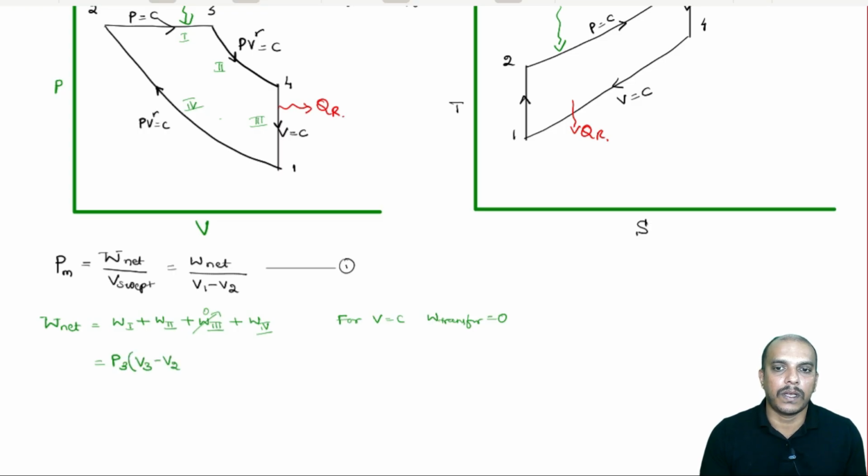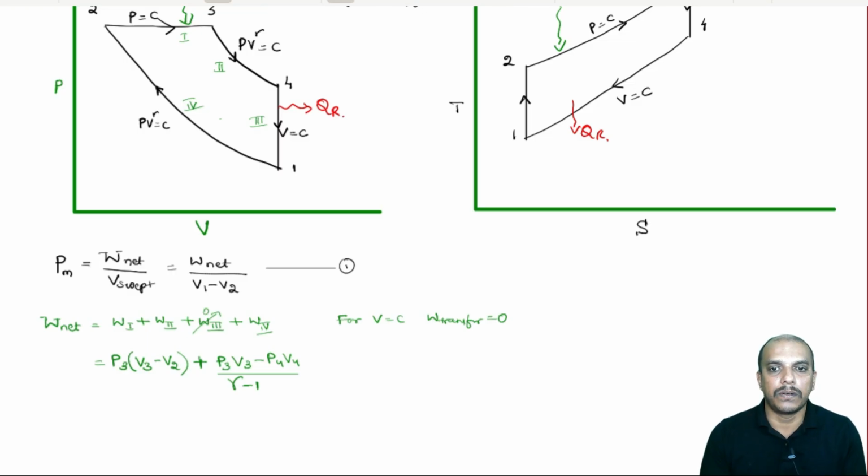This is the expression we already know for a constant pressure process, P into V final minus V initial, plus for 3 to 4 the work transfer will be P3 V3 minus P4 V4 by gamma minus 1. Now, I use a negative sign here, because the work for 1 to 2 will be negative since it is a compression process.